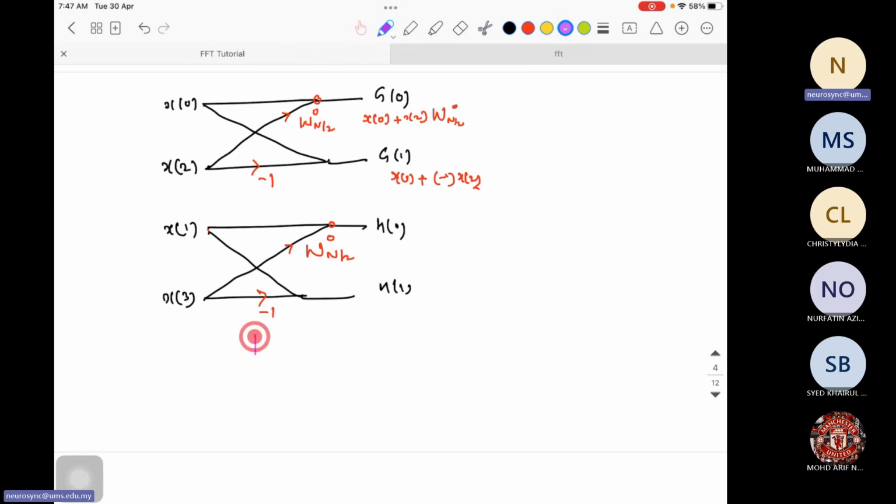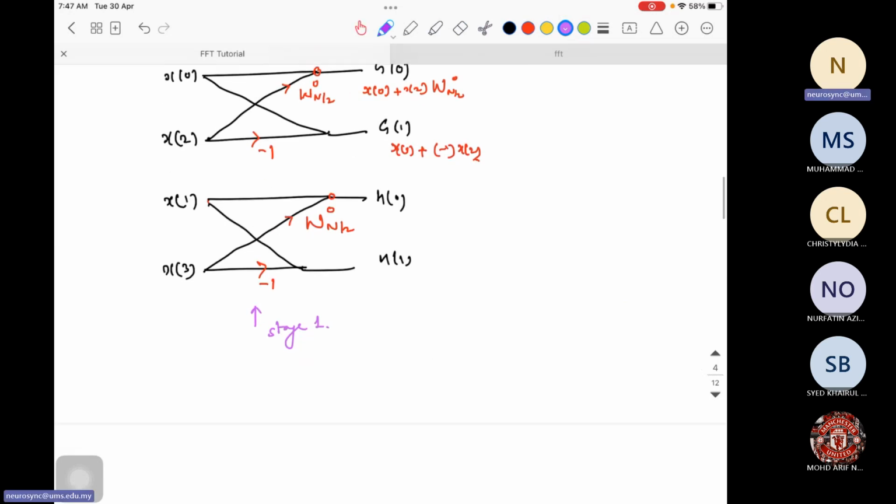This is our stage 1. So first we will do the calculation for stage 1. Minus 1 times, here we should add actually. This W n by 2 of 0 should be here, multiplied with this.